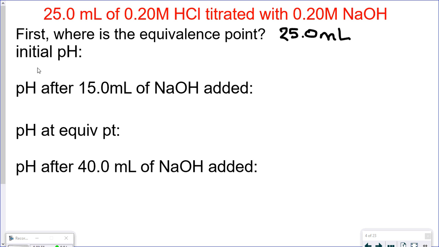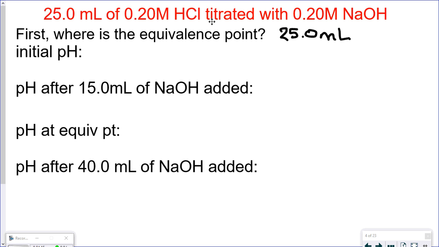So our initial pH is based off of our beginning acid. So remember, the pH is determined from the molarity of our acid, our molarity of our hydrogen.